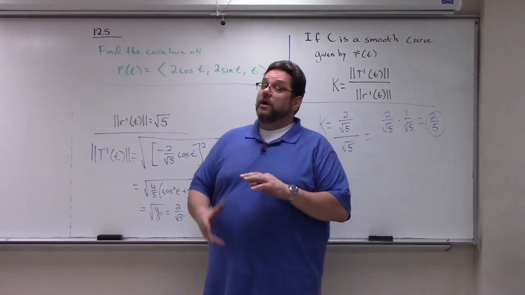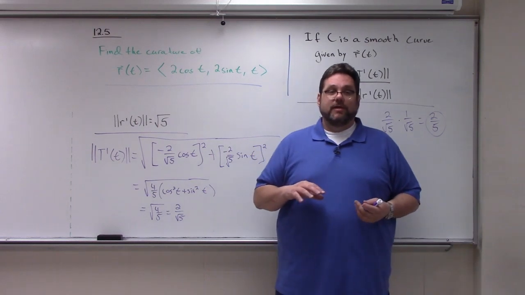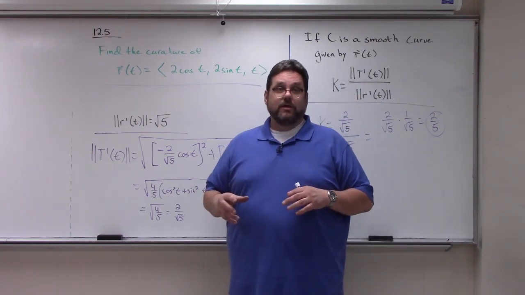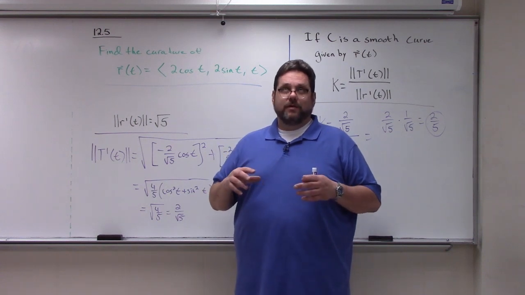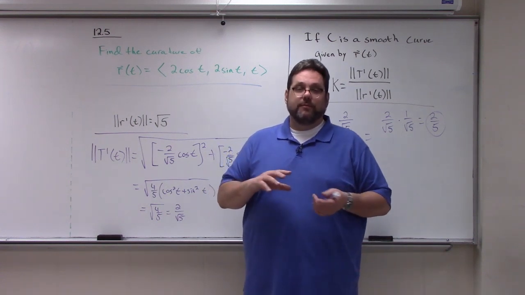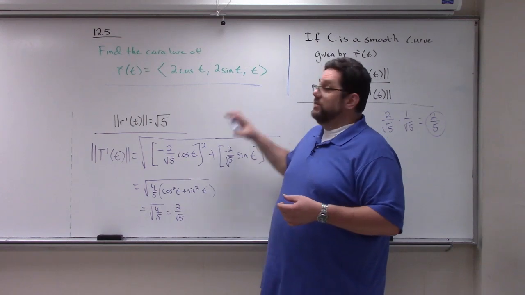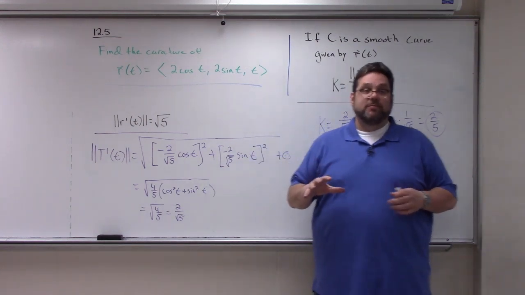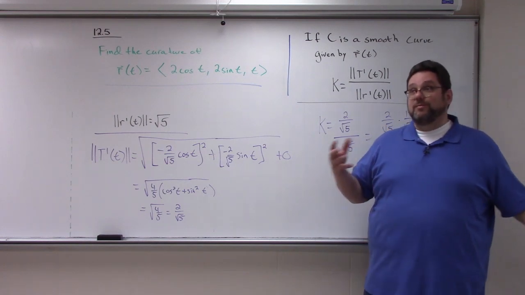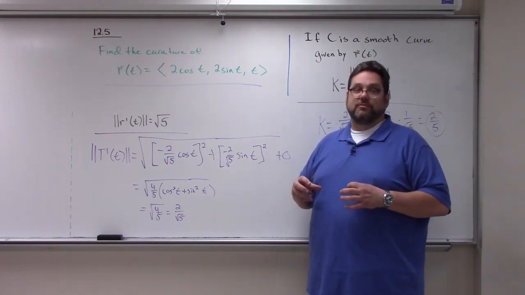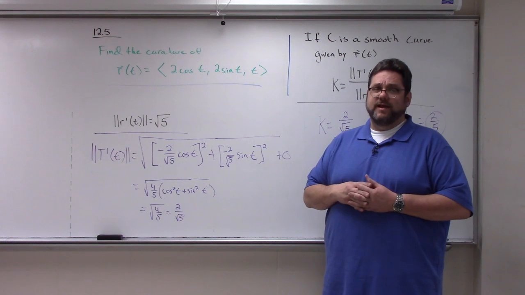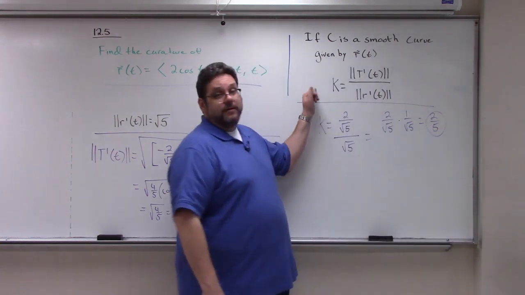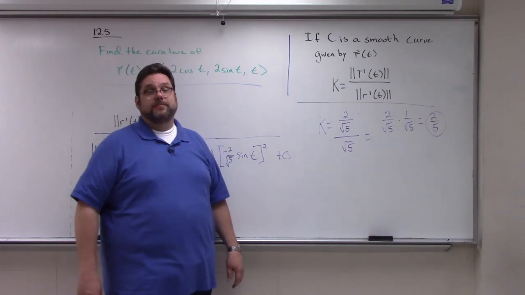But it all comes through that arc length parameter, and it's only because arc length doesn't vary with parameterization that we can do this and still get the same answer. So the arc length part is important, and you need to learn about reparameterizing to arc length parameter because there are times that's nice, but if you're just looking for curvature, this will usually work for you.